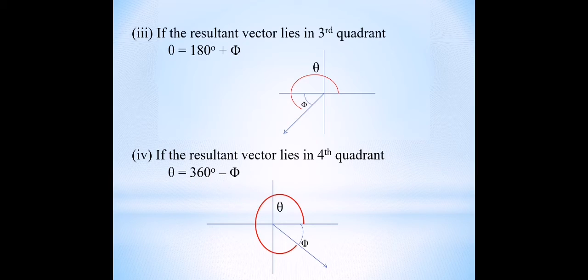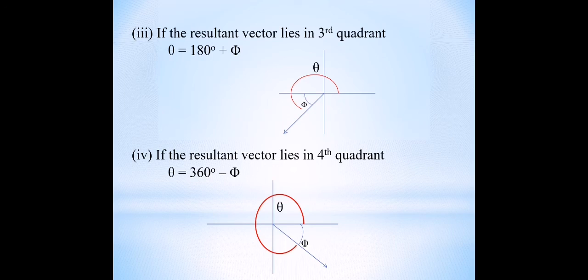When we take the angle of our vector from the positive x-axis, it will be clockwise, so it is not the standard direction of angle. To find the standard angle theta in the anti-clockwise direction with the positive x-axis, shown with the red line, it will be equal to 360 degrees minus phi.